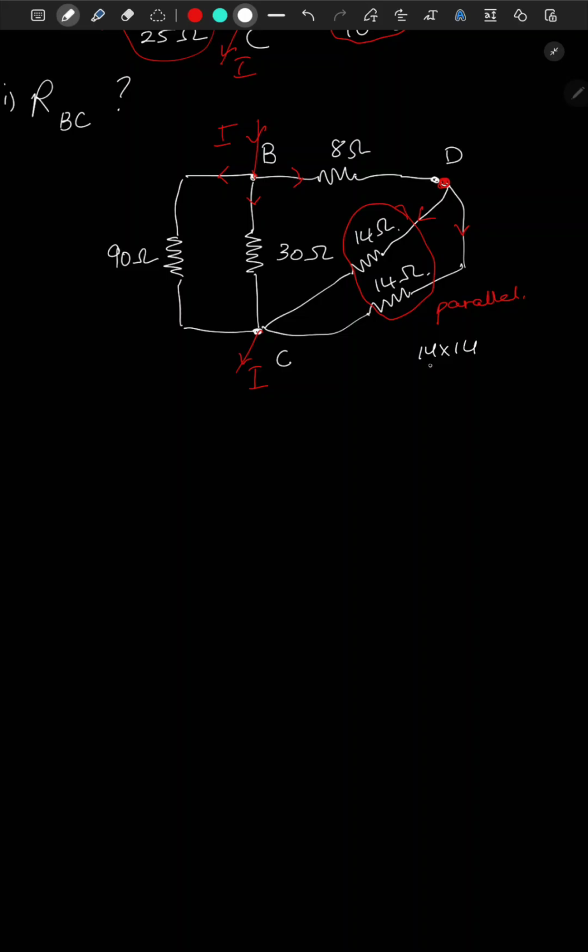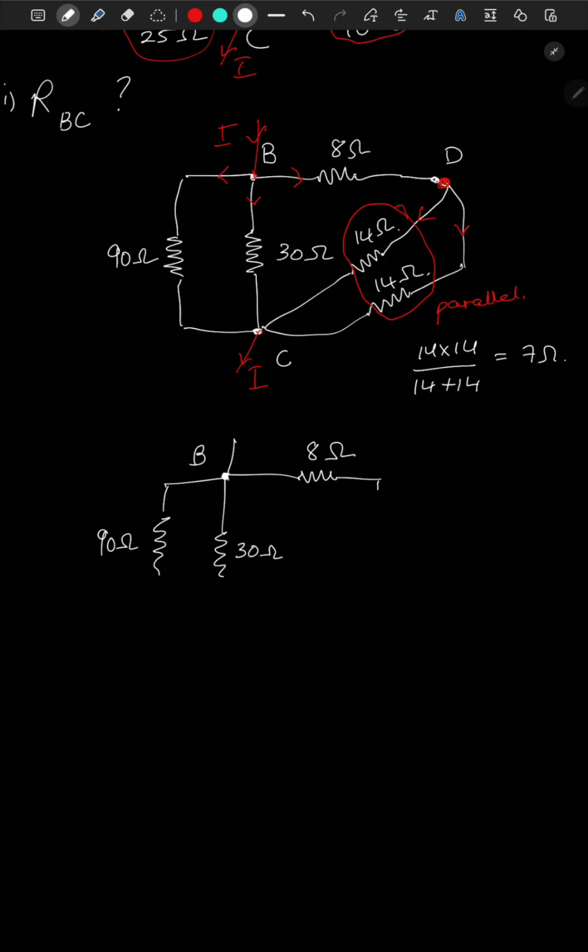So 14 times 14 divided by 14 plus 14, which is 7 ohm. So this, we can redraw the circuit again. So this is 90, this is 30, this is 8, and here we have the 7 ohm resistance. So this is D, this is C.